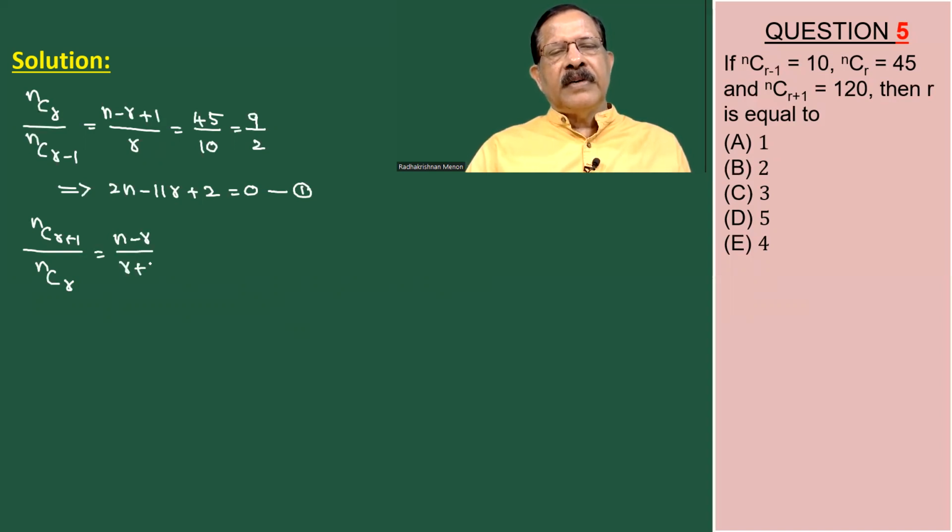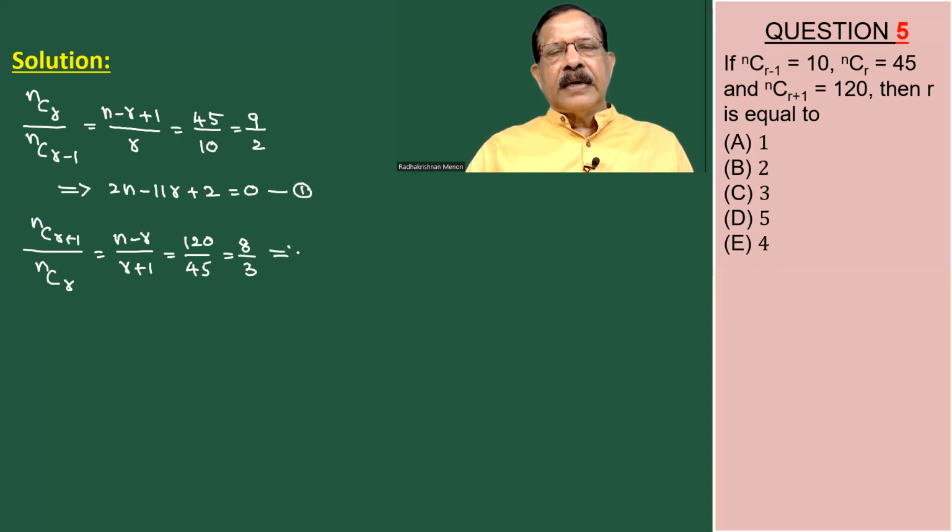You must be knowing how we are getting. n minus r we are getting from the superscript minus subscript, and the RHS denominator r plus 1 we are getting from the subscript of the numerator in LHS, nC(r+1). That r plus 1 I am writing here. And this is equal to, it is given, 120 divided by 45. 120 by 45, when you simplify, you will be getting 8 by 3.